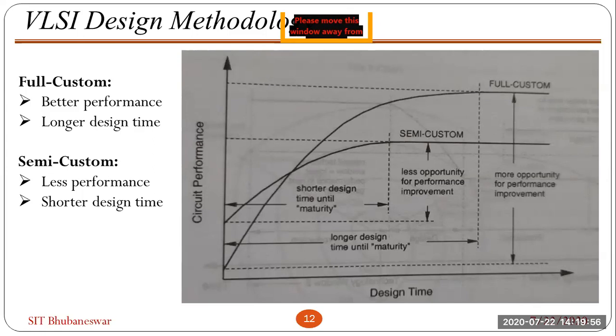If you start doing manual things, it will take too much time, and then the market will be captured by others. That is the main bigger point. That is why semi-custom design has less performance, because we need to complete all this design, marketing, and production within a shorter span of time.